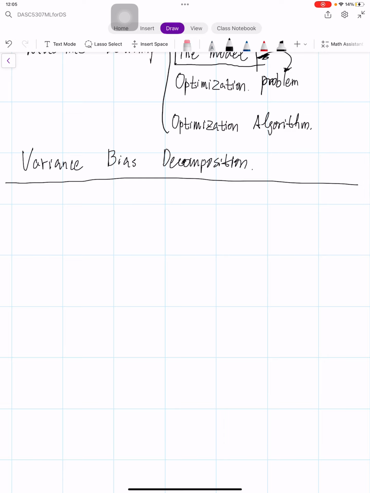So first, let's talk about machine learning in applications. When we apply machine learning models in real applications, we always have some data sets, so we have some sample points from some unknown probability distribution.